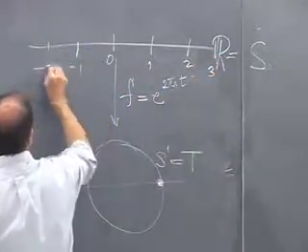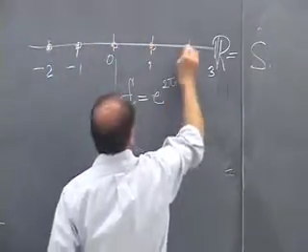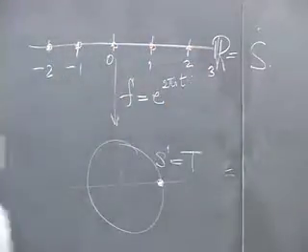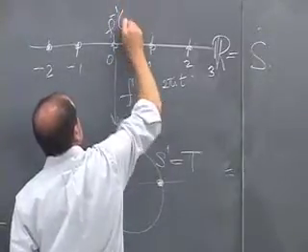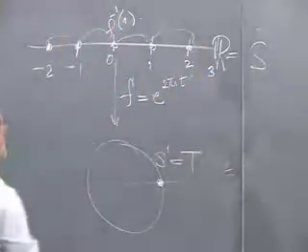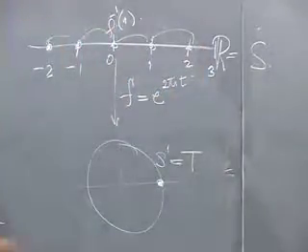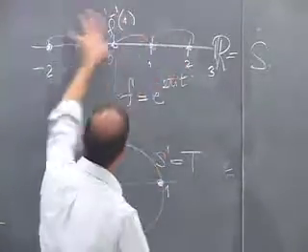Namely, any integer, this collection of points is f inverse of 1, this collection of integers. So that would be the fiber over the point 1 in the circle. All things mapping to 1 would be that collection.